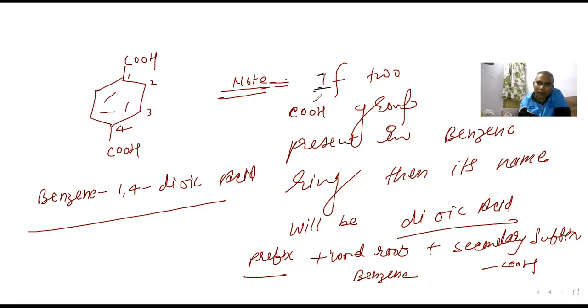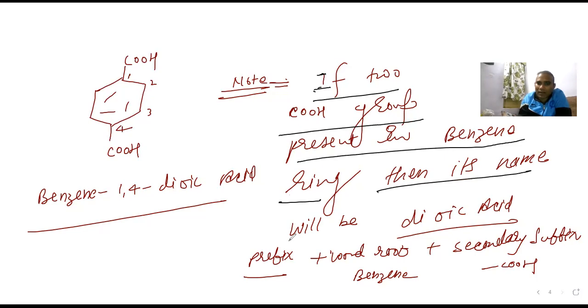They are saying, if two COOH groups are present in a benzene ring, then its name will be dioic acid, that is benzene dioic acid. Getting my point? So this is benzene 1,4-dioic acid.